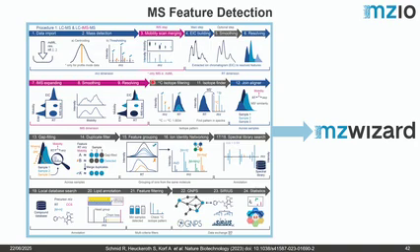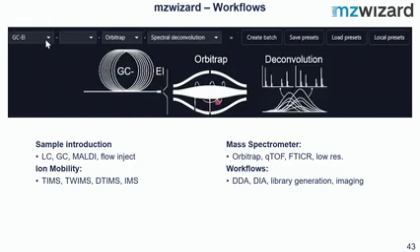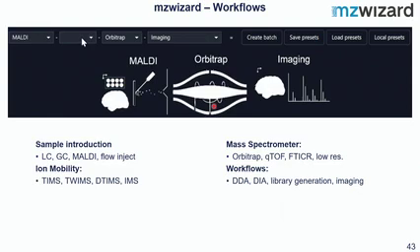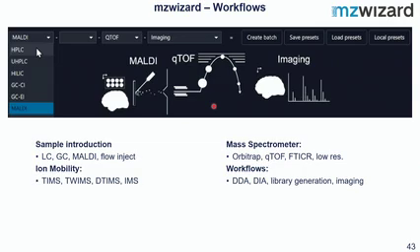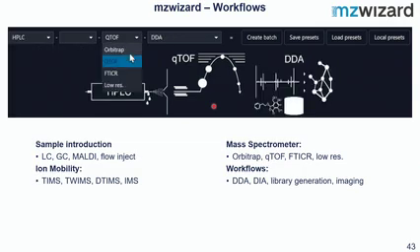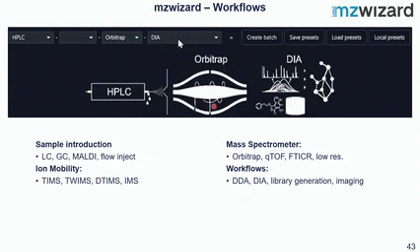But with the mzwizard, you basically just tell us, okay, I had this instrument configuration, for example. So, for example, I used an HPLC with an Orbitrap or a GC or a multi-ion source. For example, I also used some ion mobility spectrometry or not. And what it's also really easy is you can then say, okay, I want to build some spectral libraries.